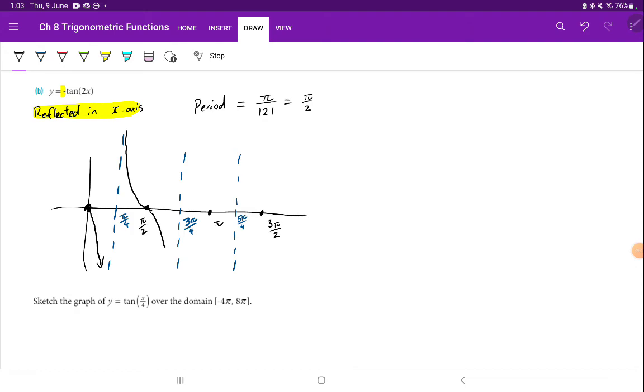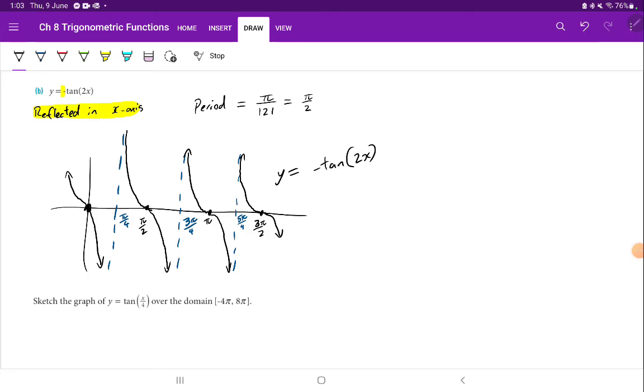Going down to negative, coming down from the top, hitting. Alrighty, and if we continued out this way, it would also look like that. So this is the function y is equal to negative tan of 2x.